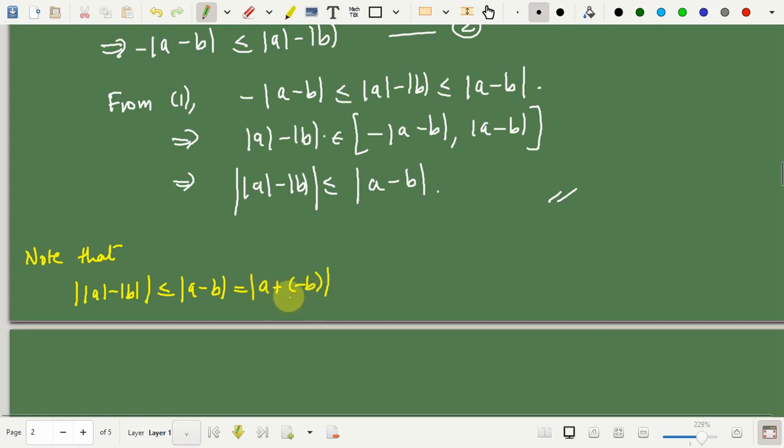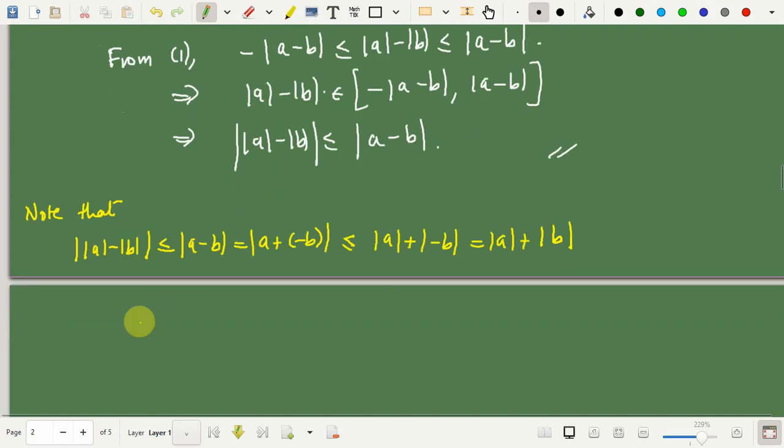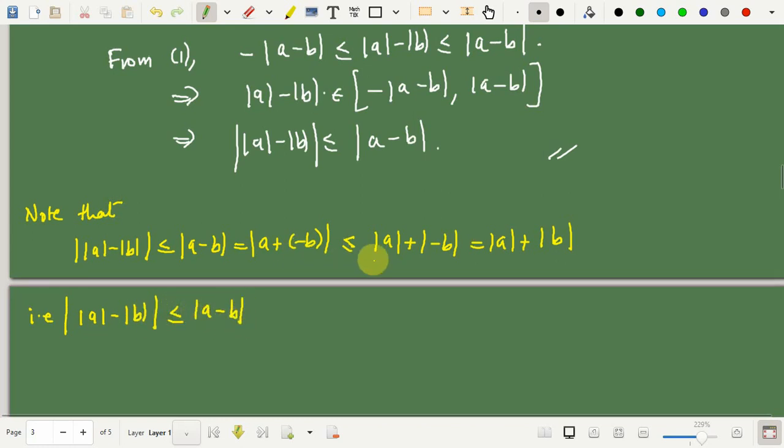So, this is of the form mod of (A plus B), and that is why by the triangle inequality this should get split as mod of A plus mod of minus B, and that is the same as mod of A plus mod of B, and therefore, we have attained one inequality. So, mod of A minus mod of B is less than or equal to mod of (A minus B), which in turn is less than or equal to mod of A plus mod of B.